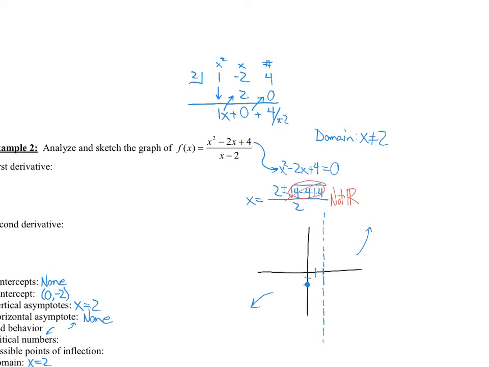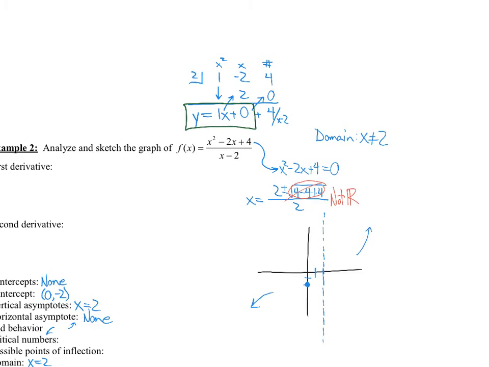Now, when we are finding the slant asymptote, we don't care about the remainder. All we look at is the rest of it, and that actually gives us the slant asymptote right there. In this case, it happens to be the line y equals x.